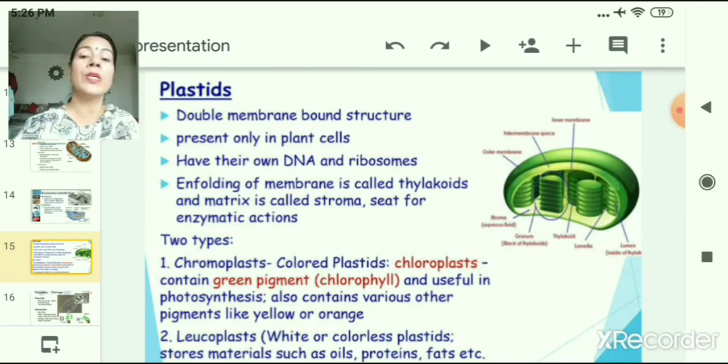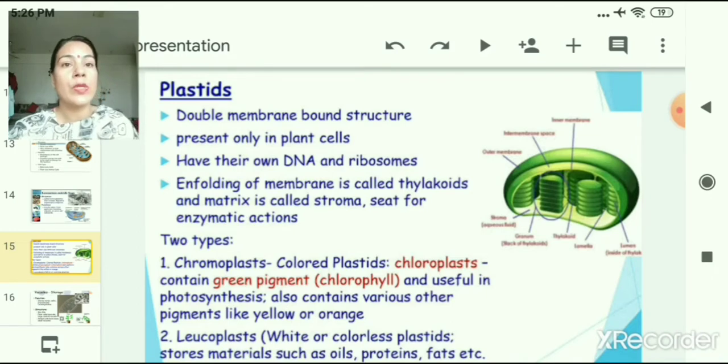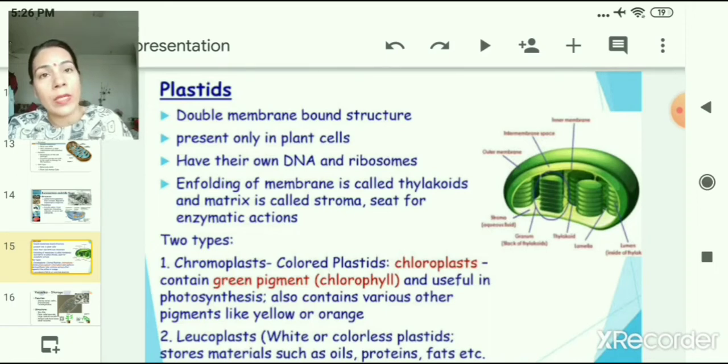Plastids are similar to mitochondria in external structure. Like mitochondria, plastids also have their own DNA and ribosomes. So these plastids store various types of materials like proteins, oils, etc., and in the case of chloroplasts, they play a very important role in photosynthesis.